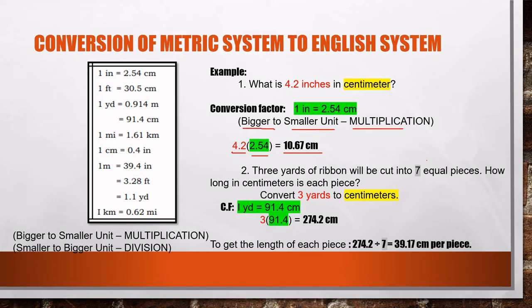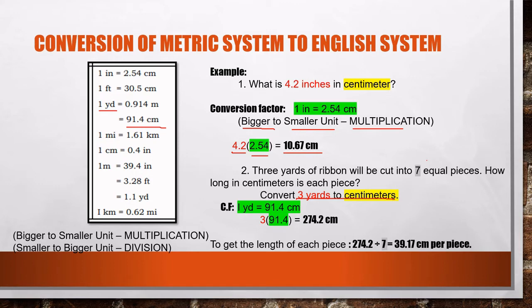Next, number 2. 3 yards of ribbon will be cut into 7 equal pieces. How long in centimeter is each piece? So we need to convert first 3 yards to centimeter. So remember the conversion factor of 1 yard is equivalent to 91.4 centimeter.